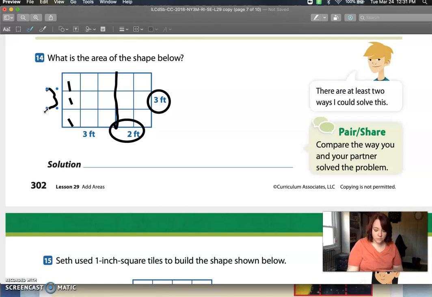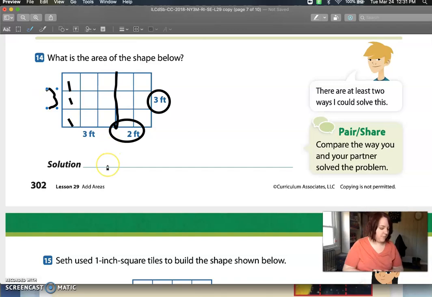So now we need to take 9 square feet plus 6 square feet. And it equals what? If you said 15 square feet, you are correct.